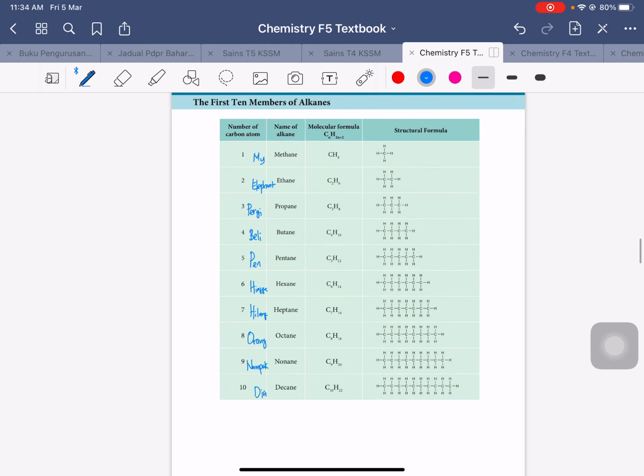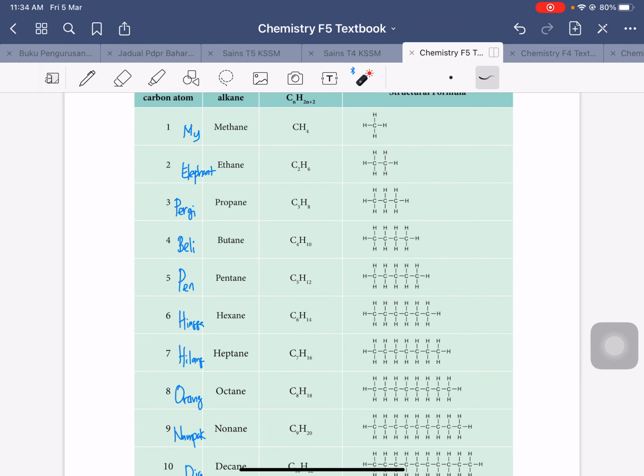My elephant pergi beli pen hingga hilang orang nampak dia. My is for methane, elephant is for ethane, per, okay. The third one ada r, so itu prop. Okay, yang ketiga bel, b for boot. And then pentane. So this one is the fifth.